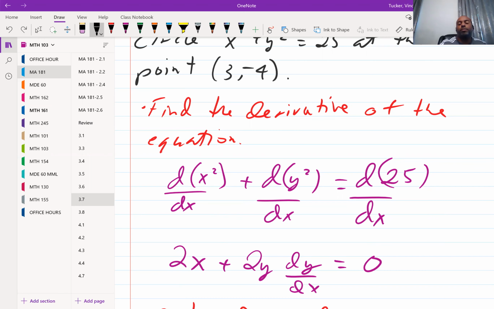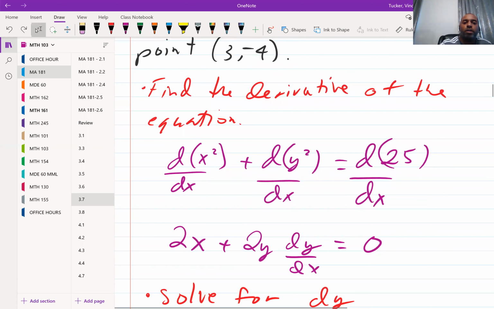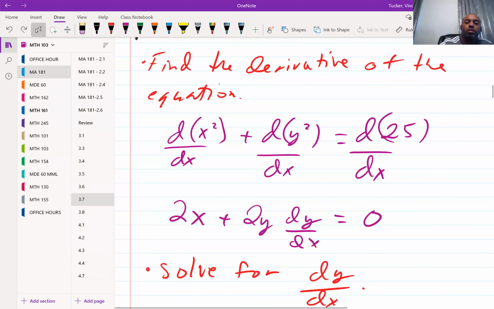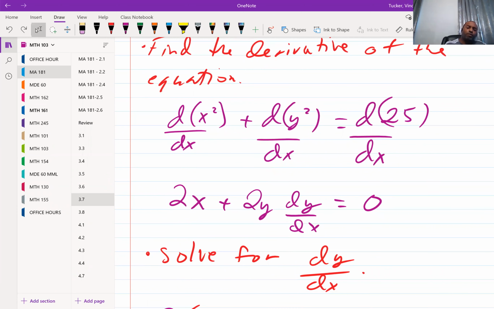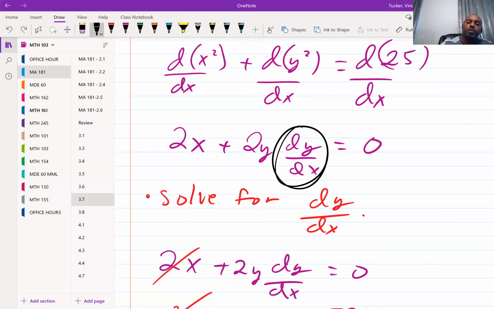All right. Let's scroll up. Everybody okay? So now we can solve for dy/dx. We're talking about getting this piece by itself.